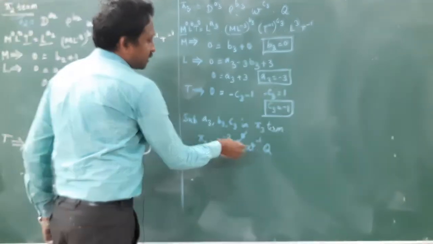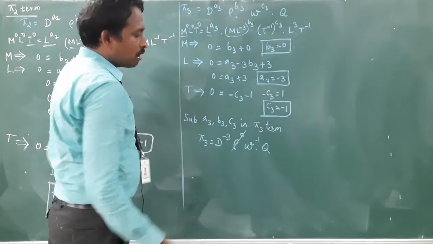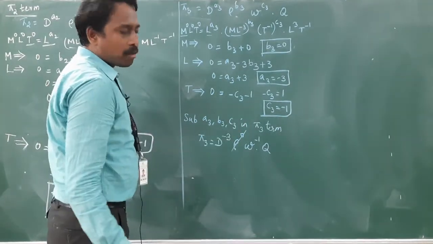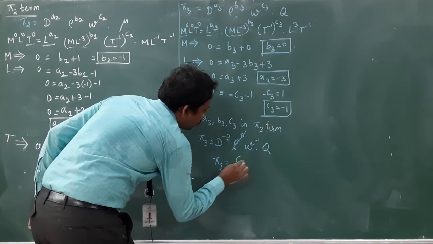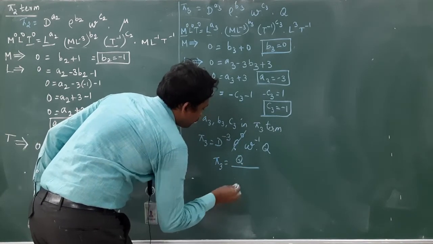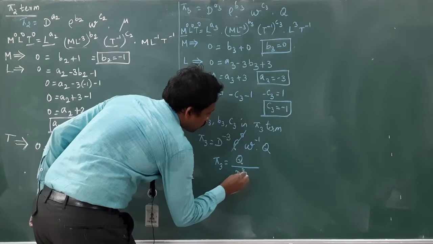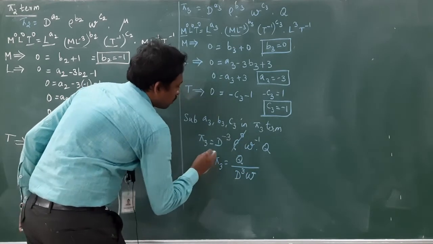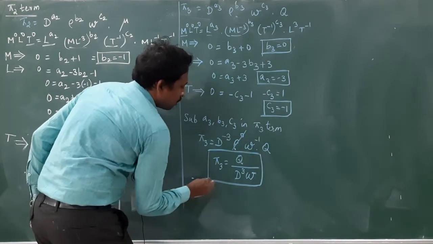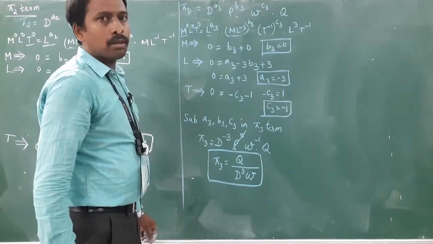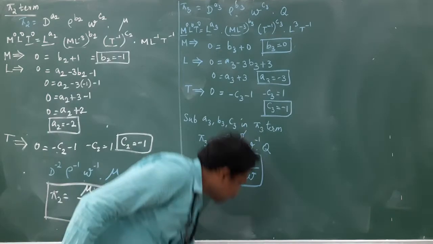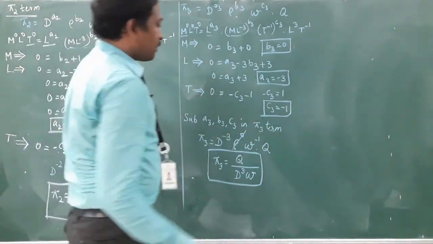D power is minus 3 and omega power is minus 1, so I can write them in the denominator. The pi 3 term will become Q divided by D cube omega. Right?